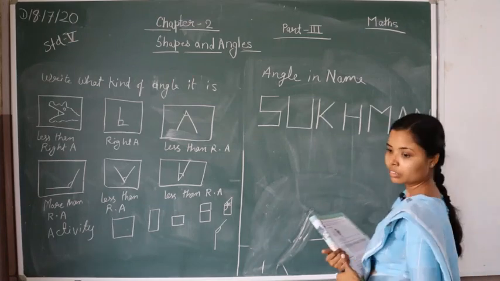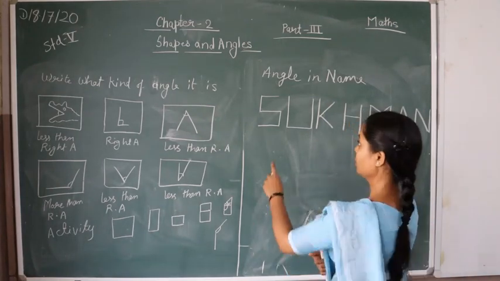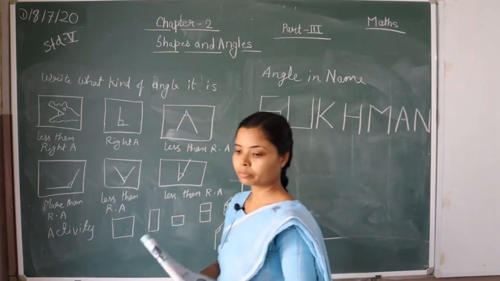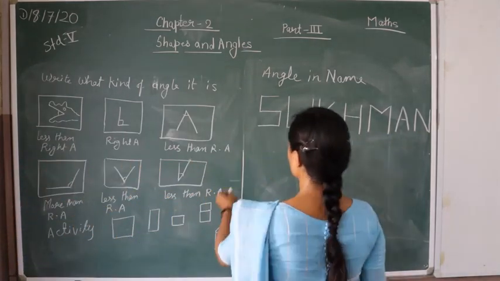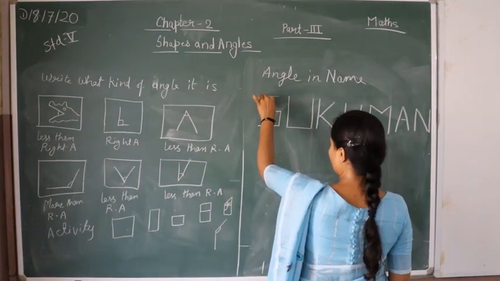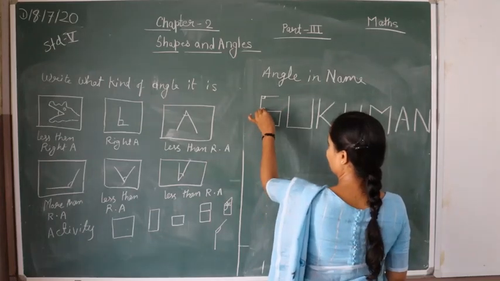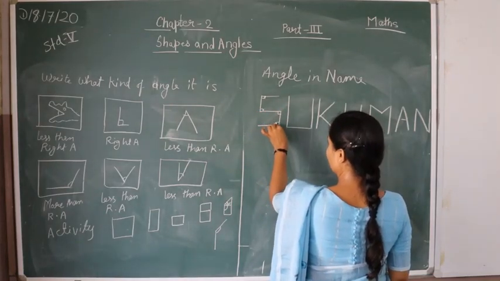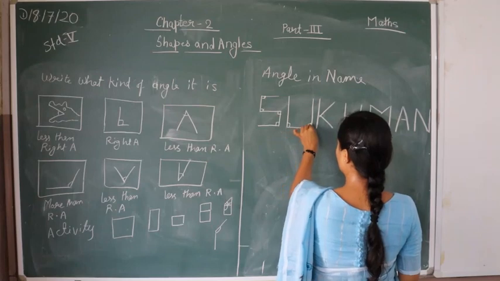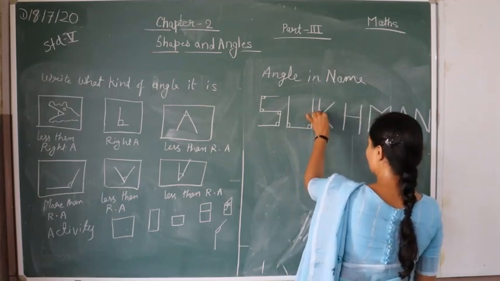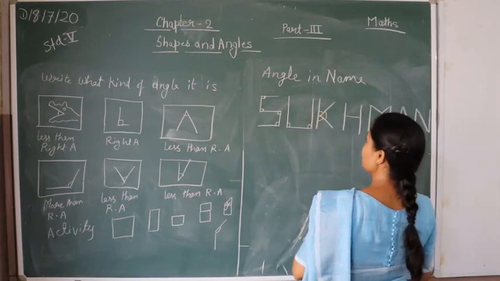SUKHMAN. Okay, and when we look at this, it makes some angles here, then here. U makes angle here. K makes 1, 2 and 3 angles.